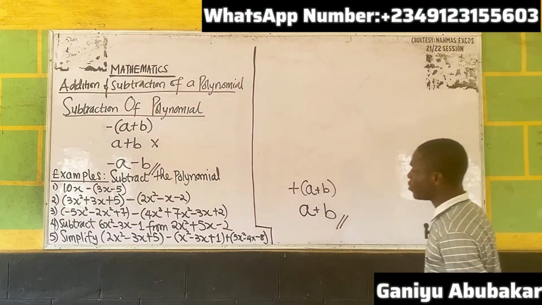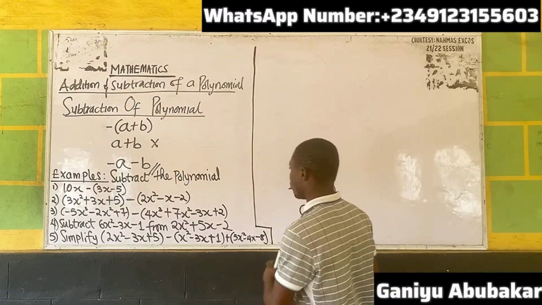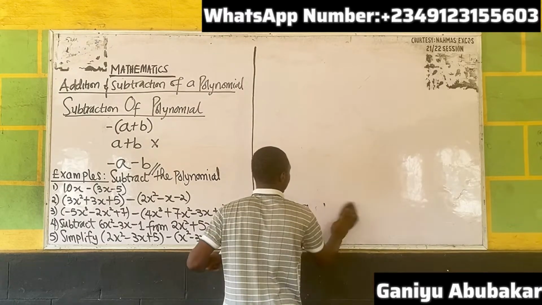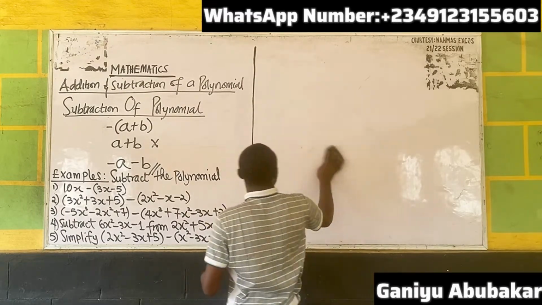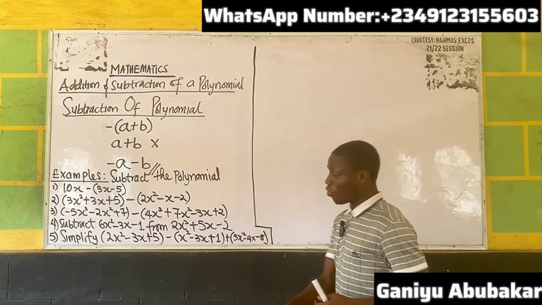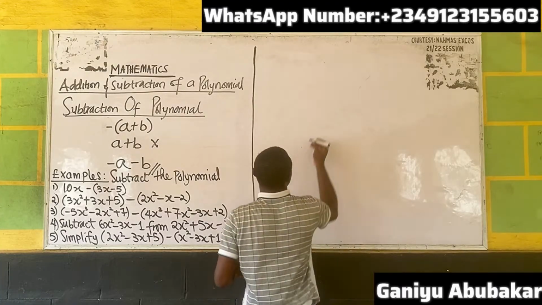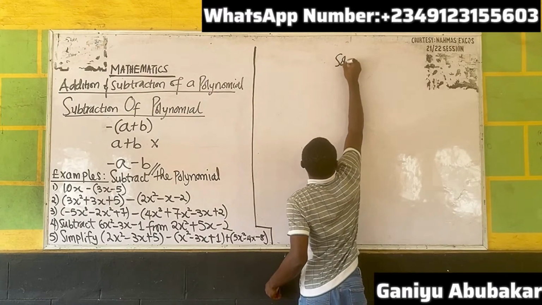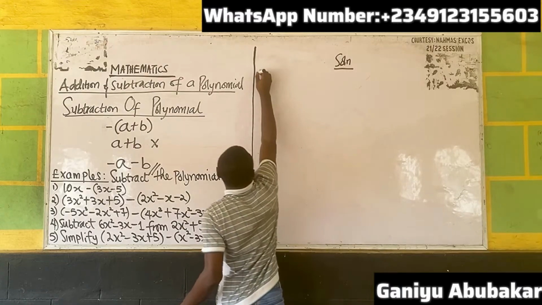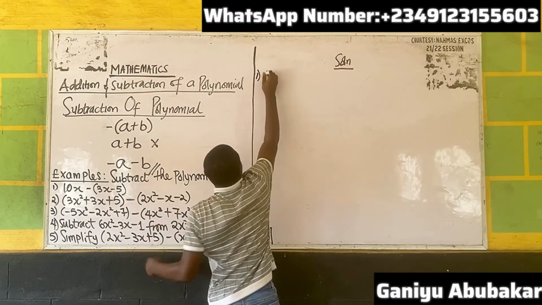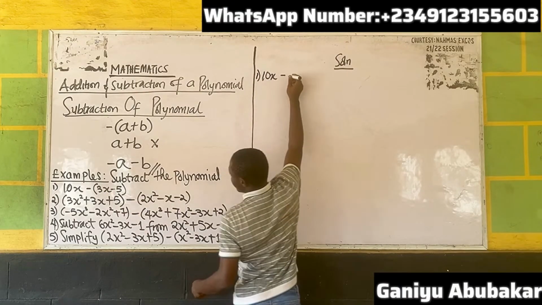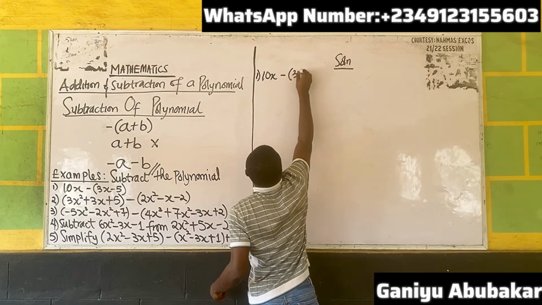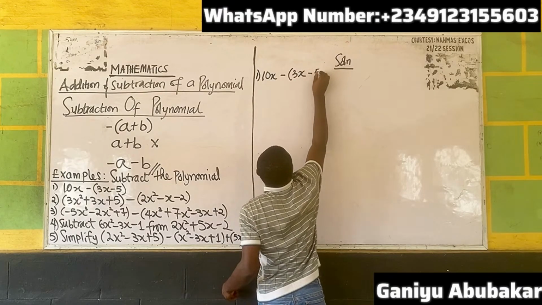First, example 1, question 1, solution to question 1. Question 1 says 10x minus (3x minus 5).